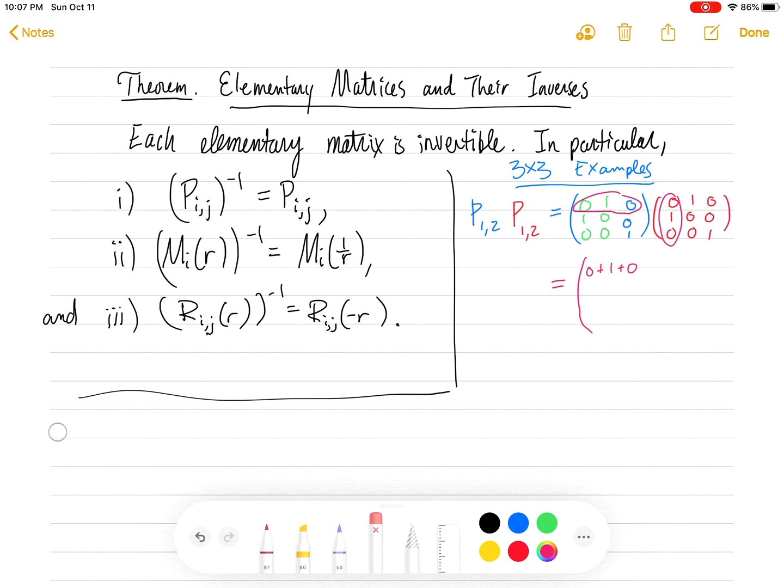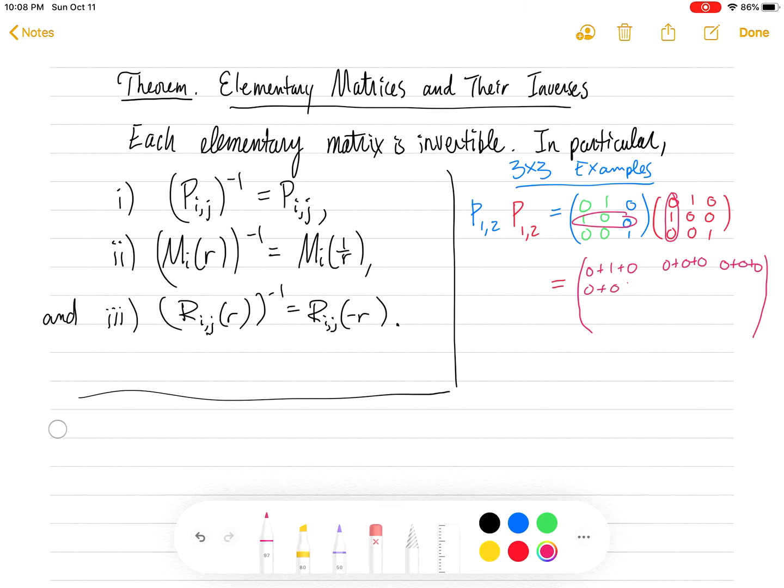Okay, first row, first column: 0 plus 1 plus 0. First row, second column: 0 plus 0 plus 0. It's a dot product there. Let's take the dot product of the first row with the third column: 0 plus 0 plus 0. First row done.